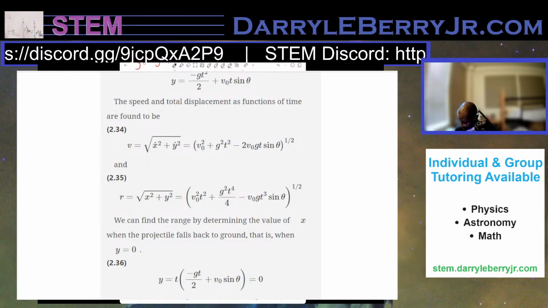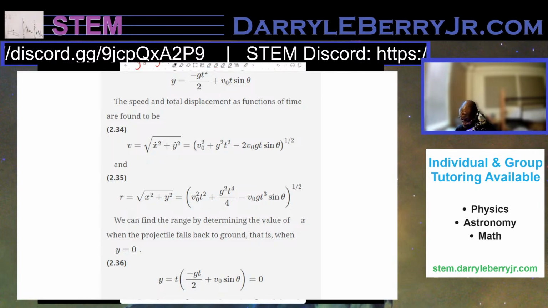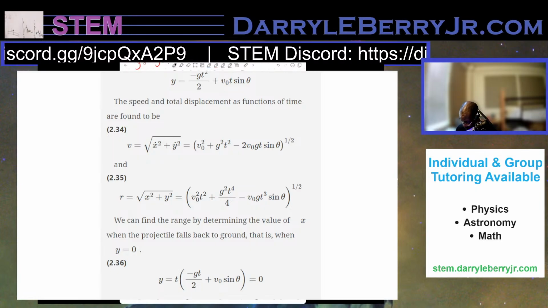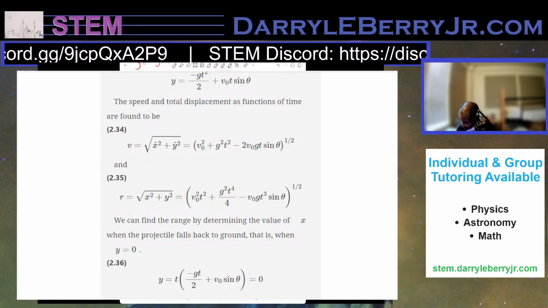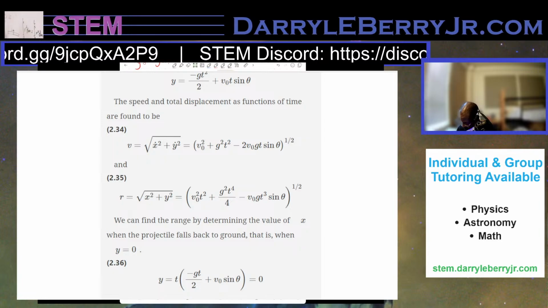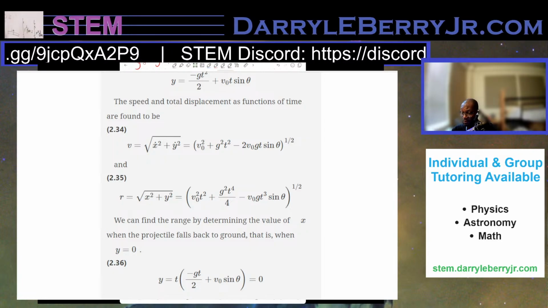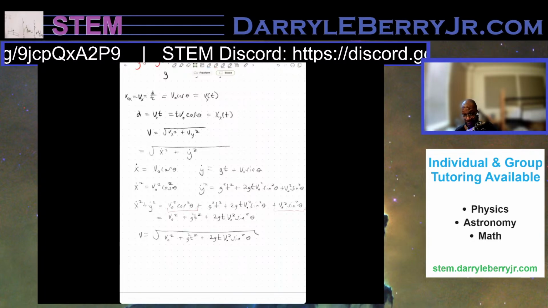That's the same thing they have, except it's like they dropped a square on their sine. So v equals the square root of this. Right? Looking at it, it's pretty much what they have.